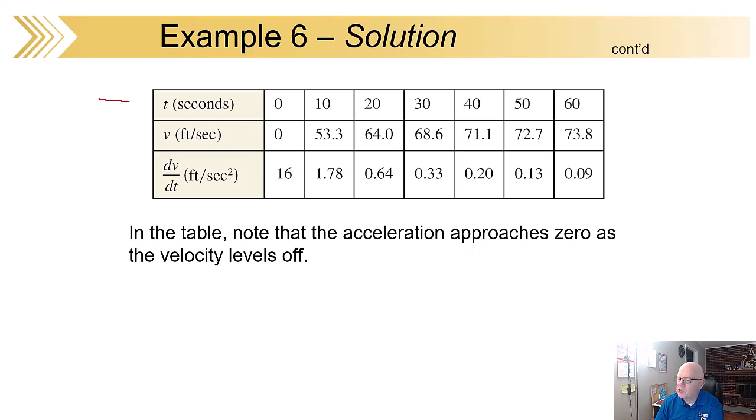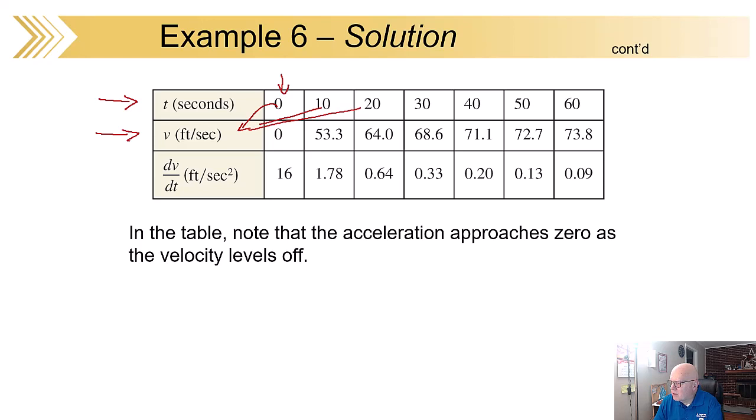Here are the values of t we were interested in: 0 seconds and at 10-second intervals, up through 60. There's our original velocity function. All we need to do to get those values is put the t in for the velocity function, 0, 10, 20, and so on, and evaluate for those particular values of t.